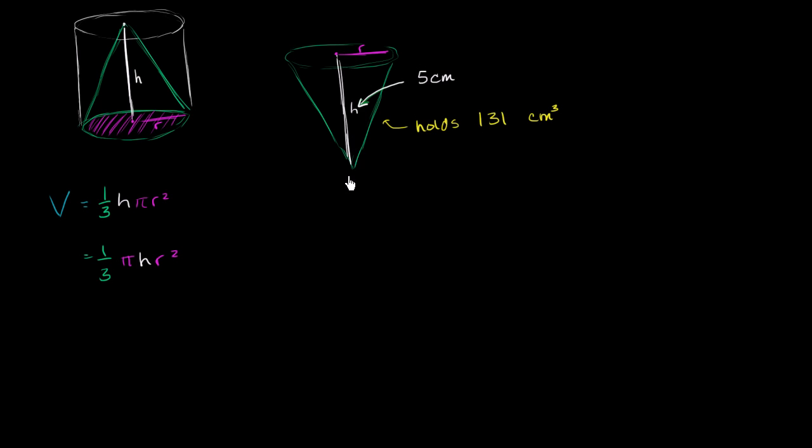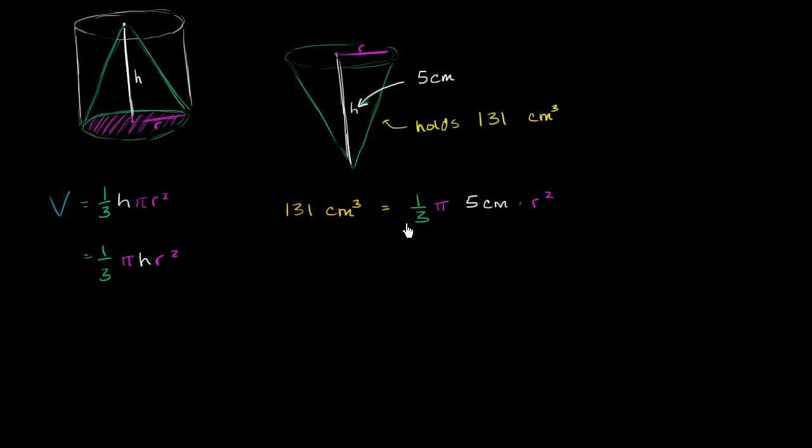Well, we just once again have to apply the formula. The volume, which is 131 cubic centimeters, is going to be equal to 1/3 times pi times the height, which is 5 centimeters, times the radius squared.